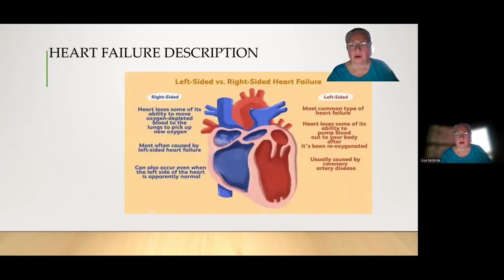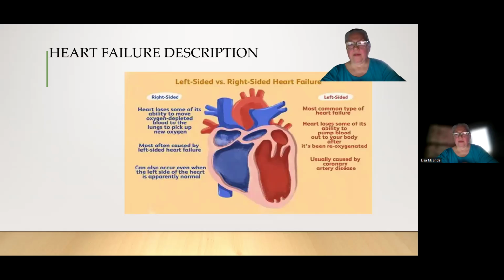And then that's going to cause increased problems with our afterload again. It's going to cause vasoconstriction, and so increased afterload. So the long-term effects, again, we'll see fluid overload, we'll see edema, we'll see the typical signs we see with heart failure as this heart no longer is able to function adequately.